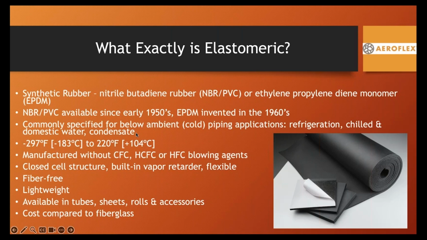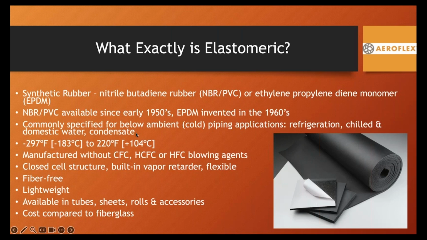NBR has been available commercially in our country since the 50s, and EPDM was invented in the 60s, not used in our industry until the 70s. They're both commonly specified for below ambient or cold piping applications such as refrigeration, chilled and domestic water, and condensate lines. They're both manufactured without ozone depleting agents.